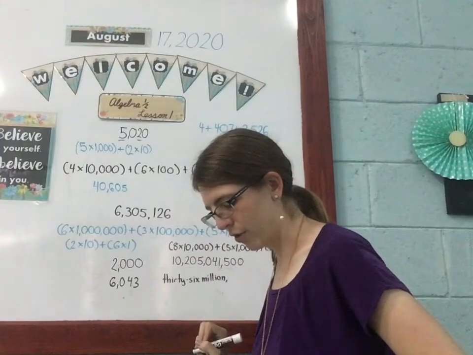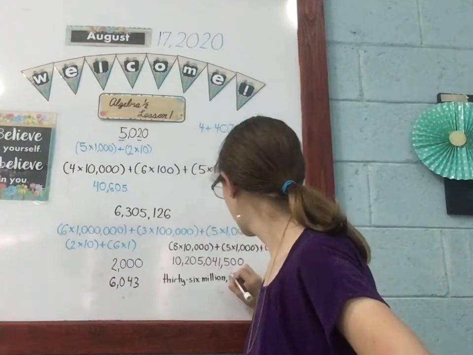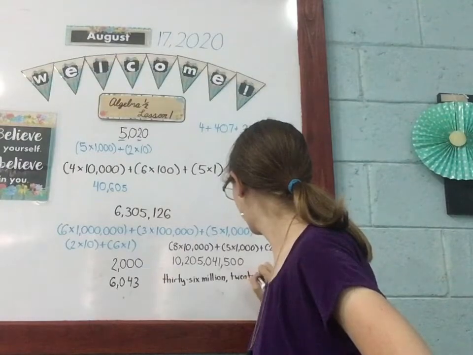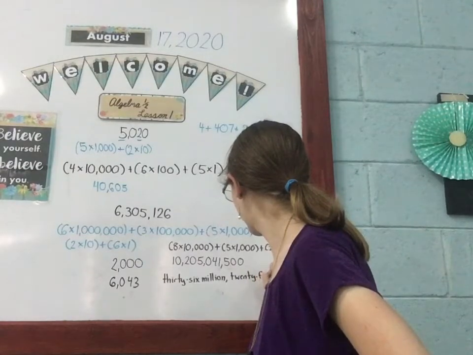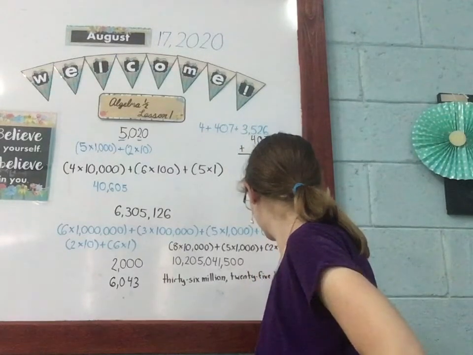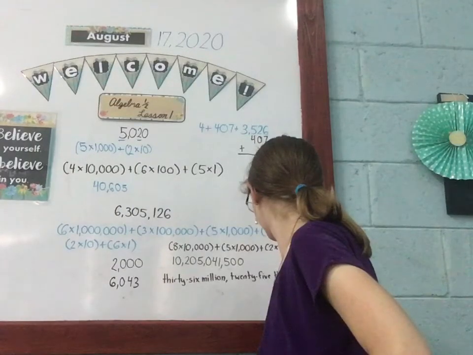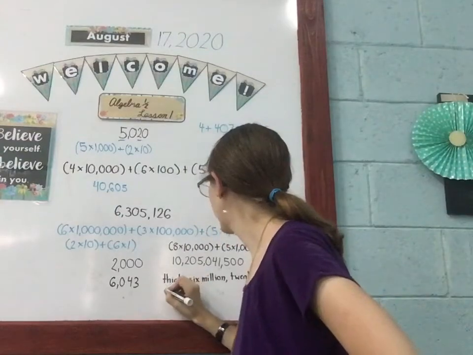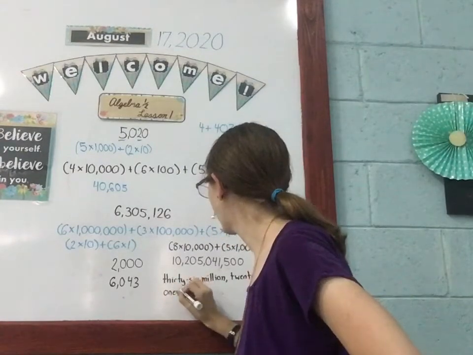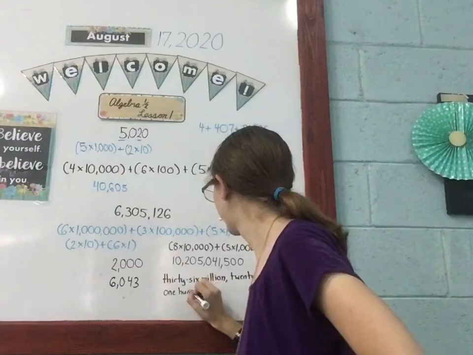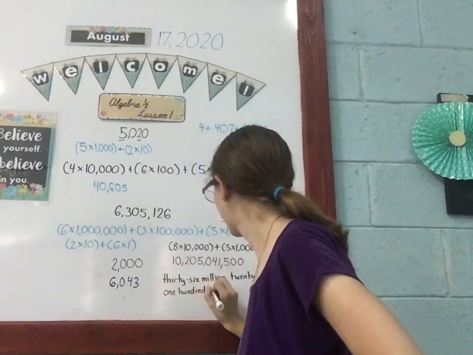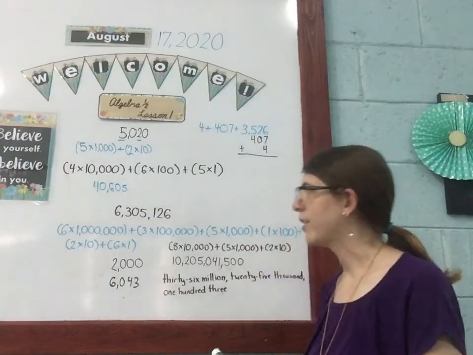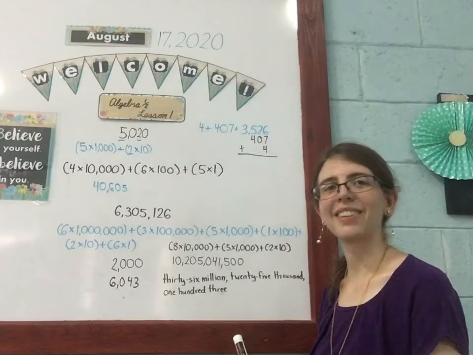So you should have 36, don't forget that hyphen, million, 20, hyphen, 5,000, 100, no hyphen between the 1 and the 100, 3. And there you go. That's your practice, okay?